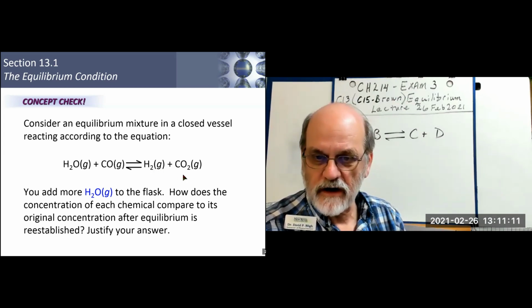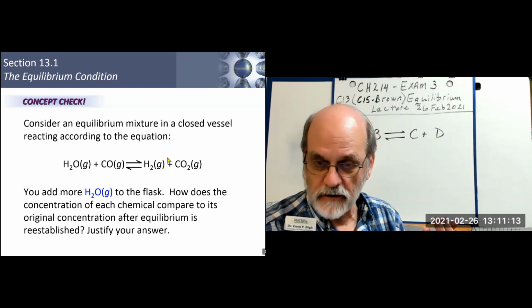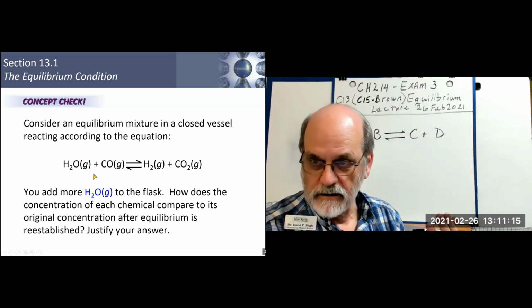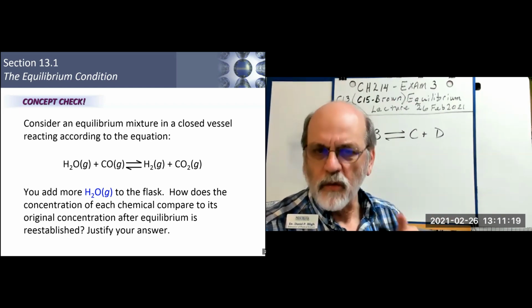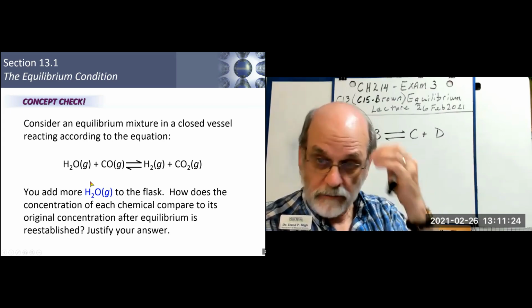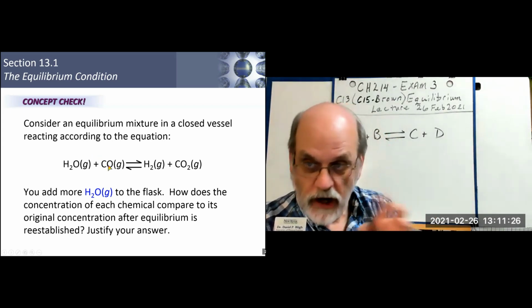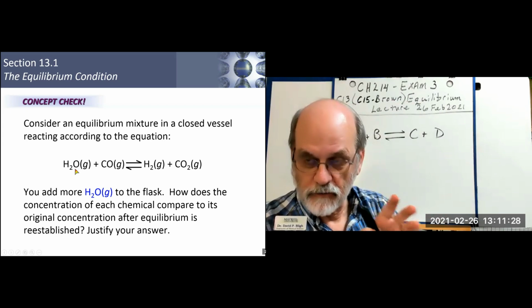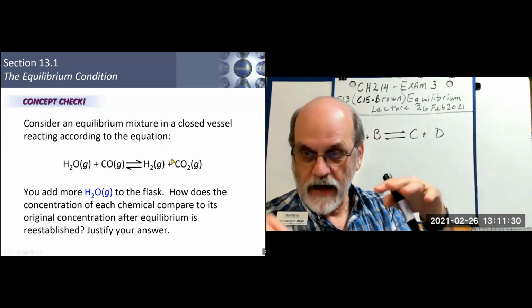And eventually you get enough hydrogen and carbon dioxide in the vessel that the reverse rate balances the forward rate. So what would happen if you were at equilibrium, right? You reached a certain concentration of reactants and products where the reaction is balanced.